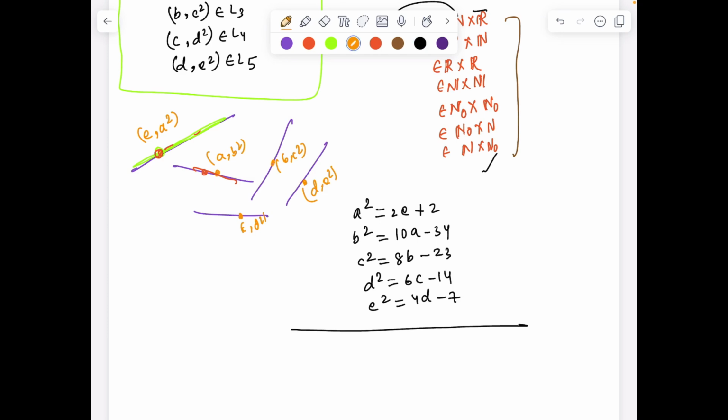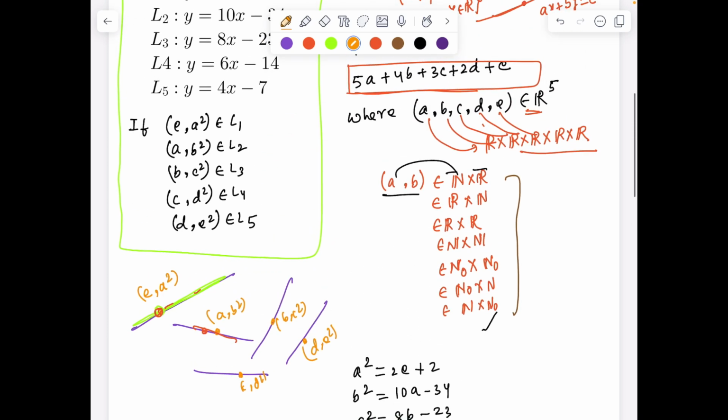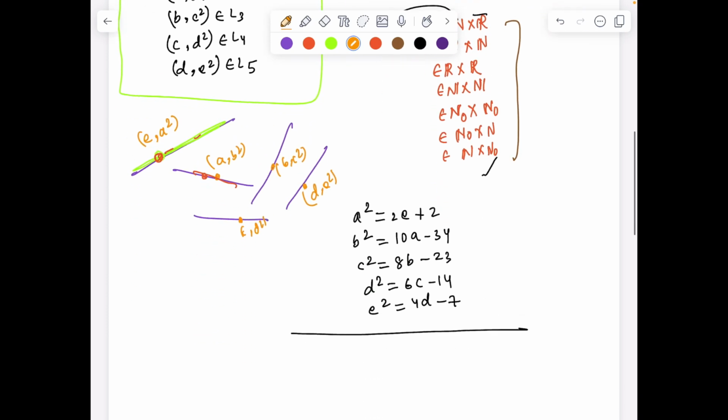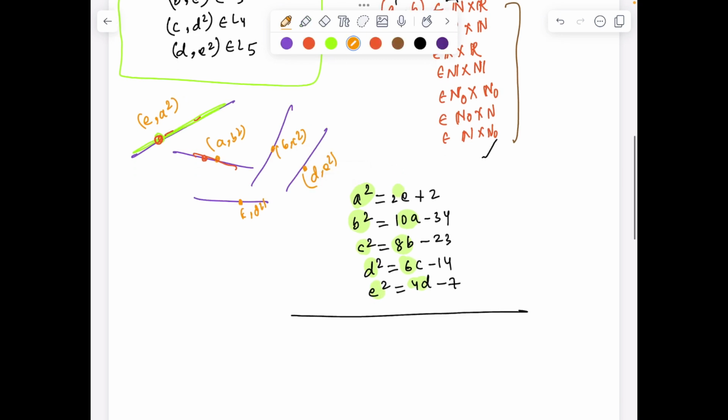Now let's add all of these equations. The motivation behind adding is that we can see we now have a square over here and 10a. So maybe we are trying to make some perfect square which will settle the issue very fast, right? So if I add all the equations, I'm getting a square minus 10a.